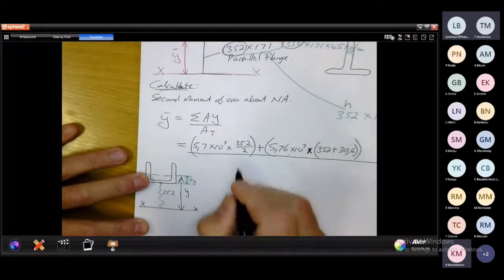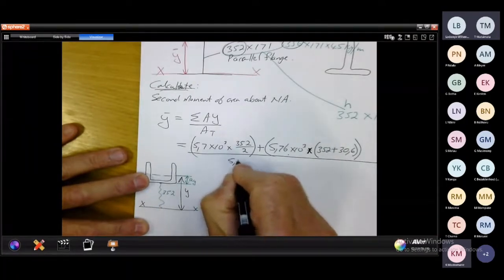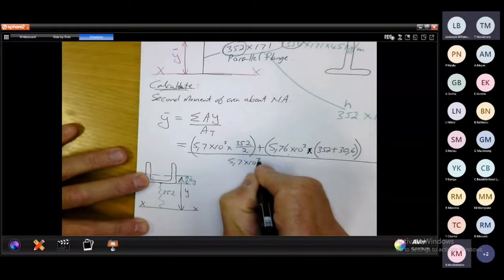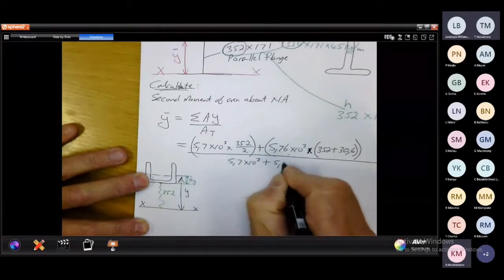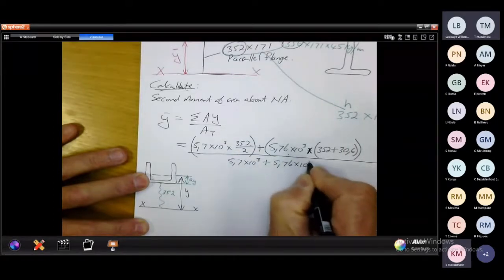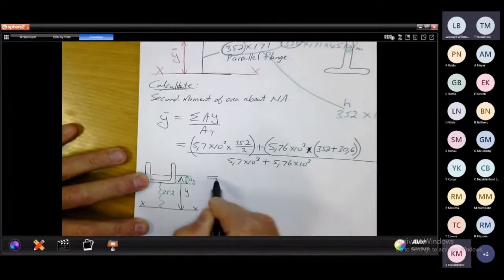Right, and that is that one. Divide by my total area, which is 5.7 times 10 to the power 3 plus 5.76 times 10 to the power 3. Right.